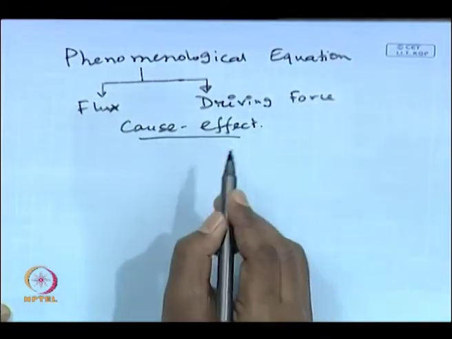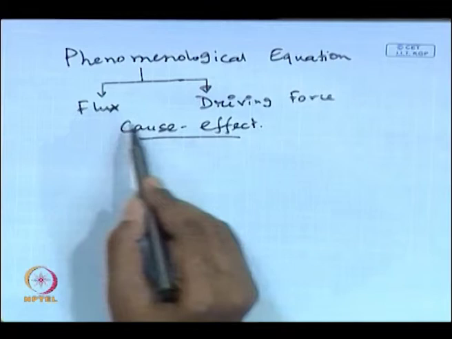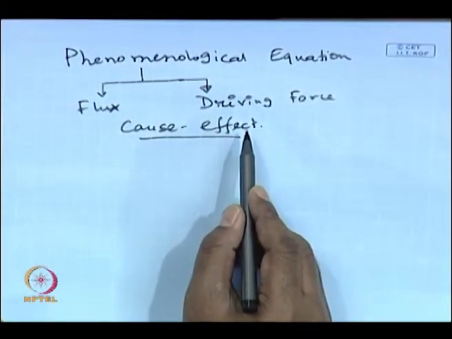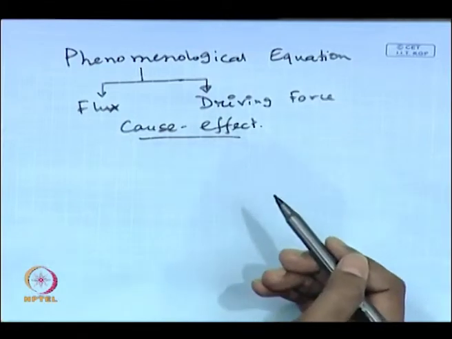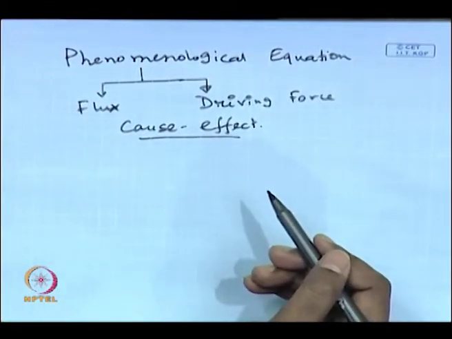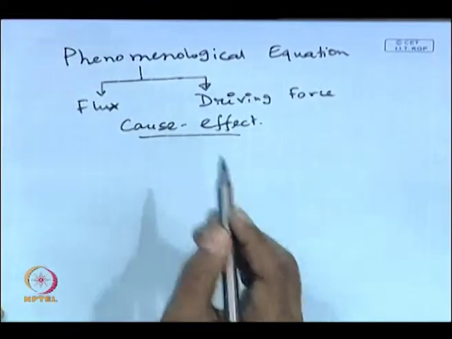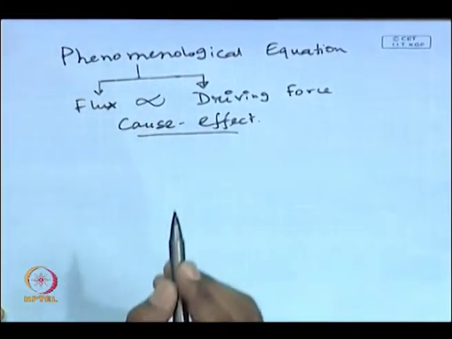This cause-effect relationship only says that there is a flux of a species if there is a driving force present in the system. It is basically the natural phenomena. That is why these equations are called phenomenological equations, and they are basically proportional. Flux is proportional to the driving force.